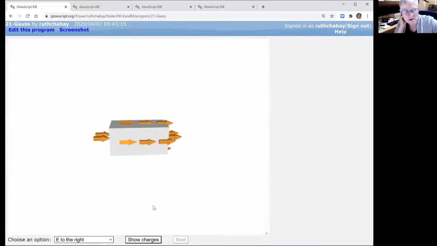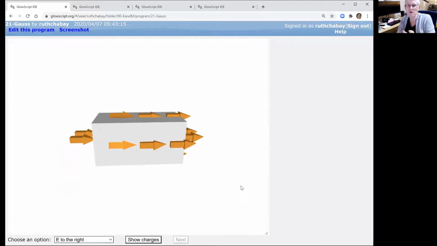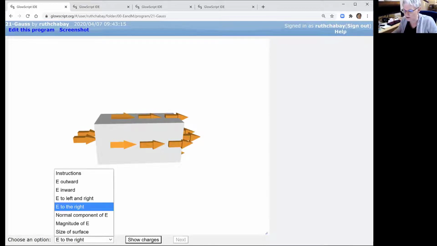So let's see if we can actually think about translating our perceptions, our conclusions, into a mathematical equation where we could really capture this. One of the things that you were keying off is the direction of the field, right? And the direction of the field relative to the inside of the box.